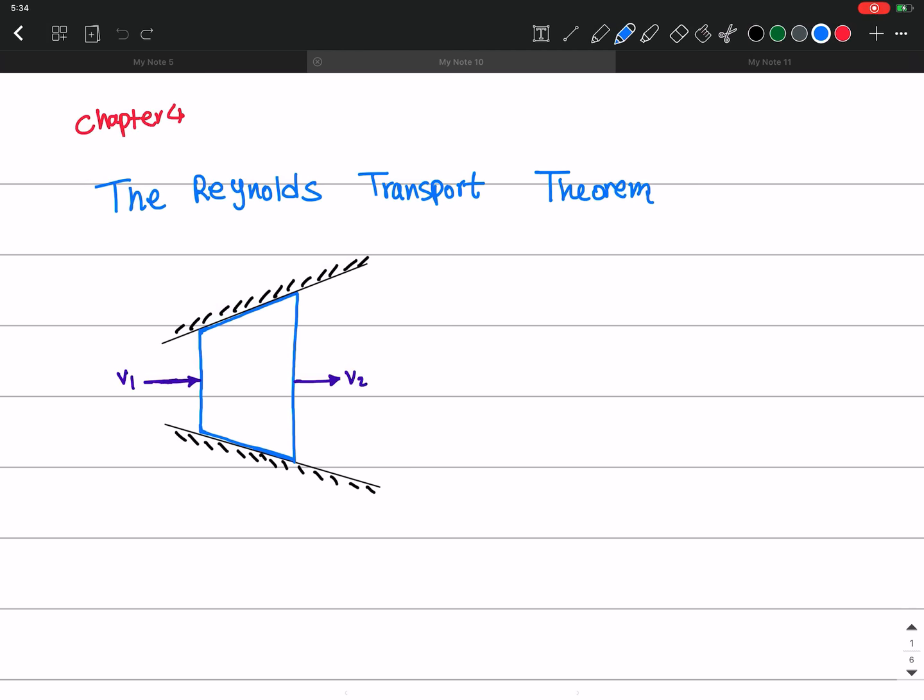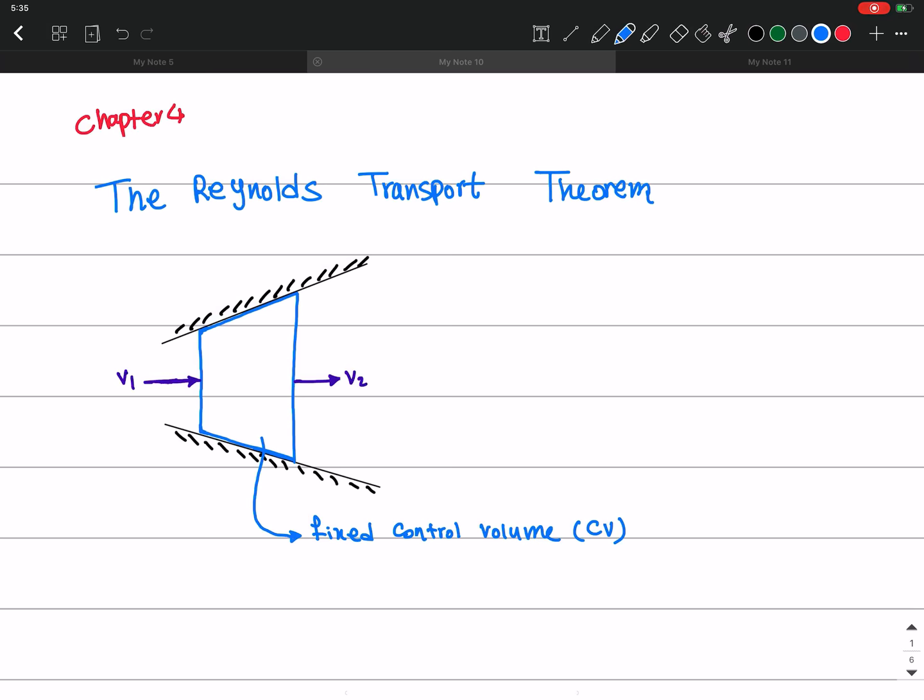If you have a fluid that is going between these two plates, from left to right, this blue line that I have drawn here, we call that a fixed control volume, or sometimes CV, or control volume.